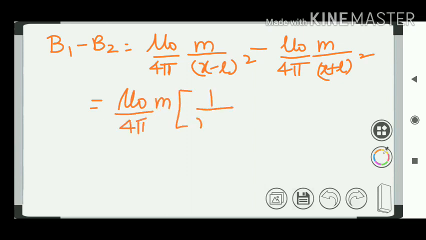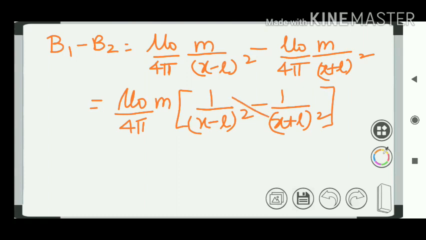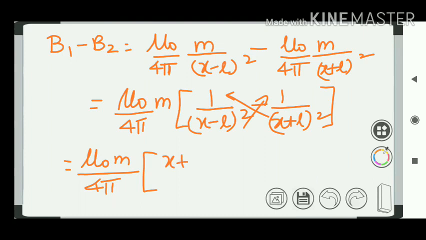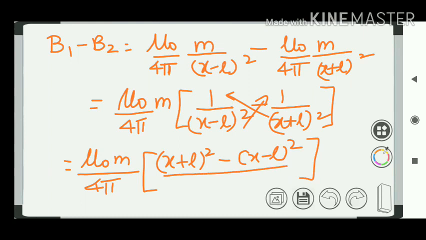Inside the bracket, I can write it as 1 by X minus L whole square minus 1 by X plus L whole square, right? Now I can bring this term here and this term here, cross multiplication. That's mu 0 M by 4 pi bracket X plus L whole squared minus X minus L whole squared, and the denominator will be X minus L whole square into X plus L whole square, right?